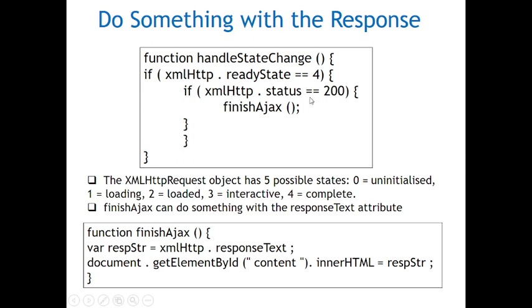Always you have to check this one. Once the server sends you back the data, the status is 200 and the state is complete. 4 means complete. If it is complete, then only you call this one.